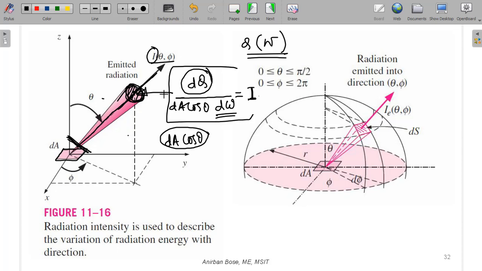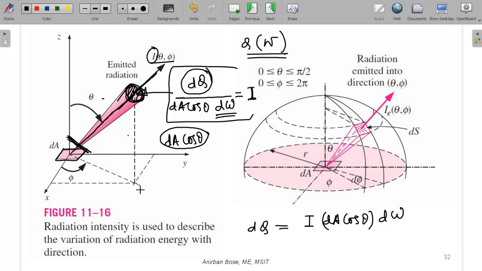You just consider the intensity in that direction multiplied by the normal area, dA cos theta, multiplied by d omega. So this is the small dq going out.